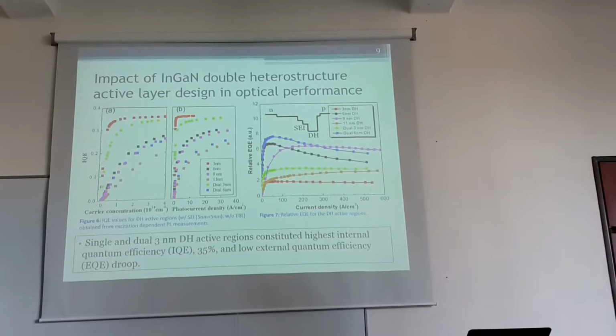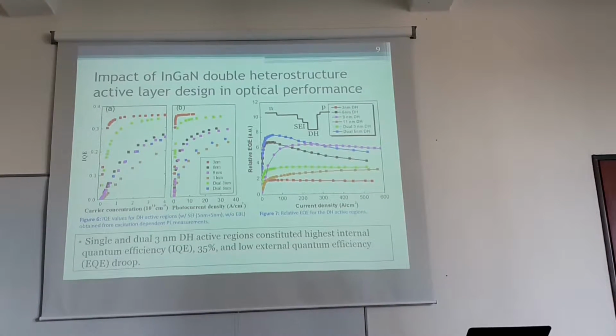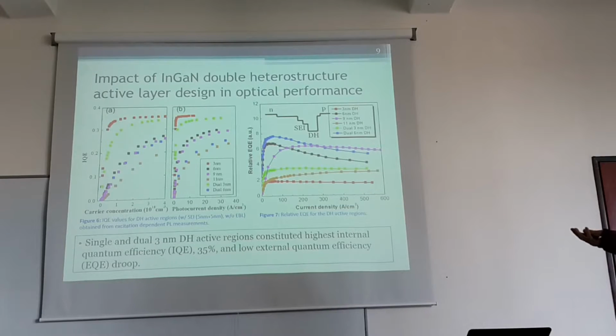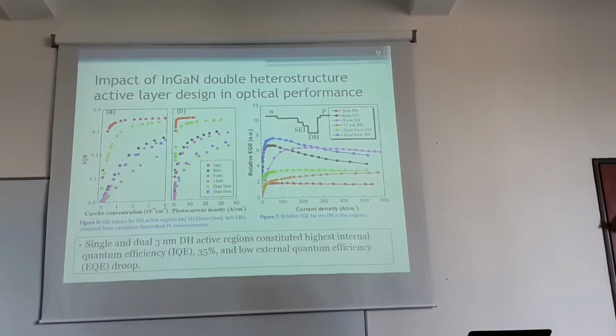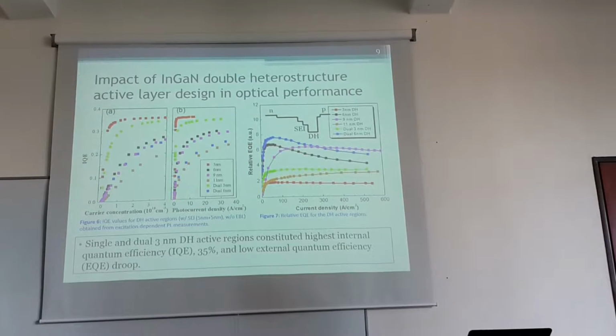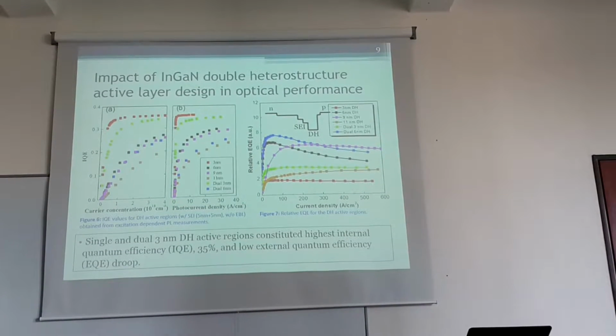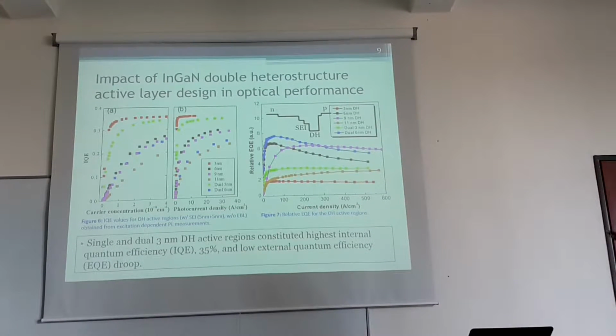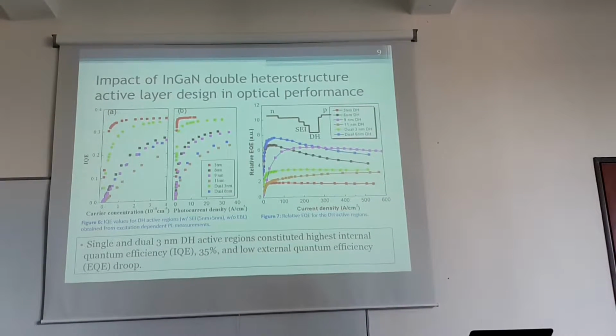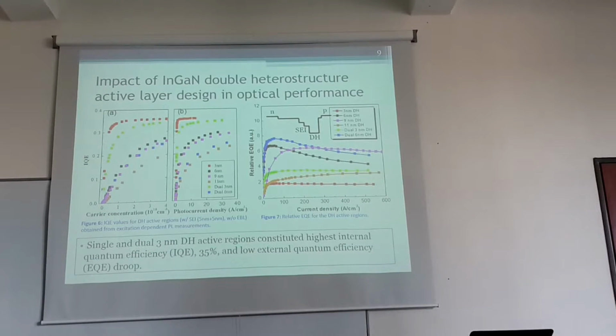Internal quantum efficiency is a measure of how many carriers are effectively involved in radiative recombination. As I told you earlier, there are non-radiative processes in the active region. This is a measure of how efficient the active region is.